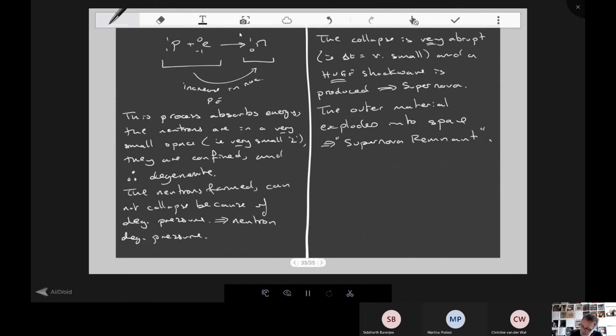So this is a final point about supernova, and it's all about the importance of supernova, or supernovae.